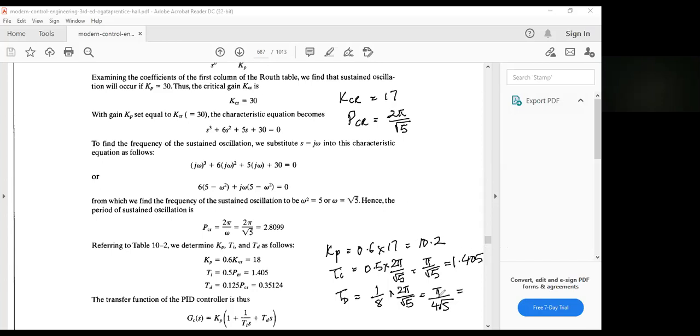And then divide that by 4. That gives 0.3512.